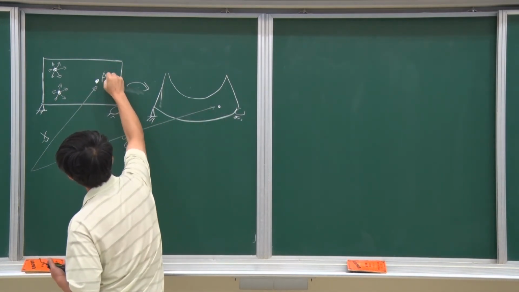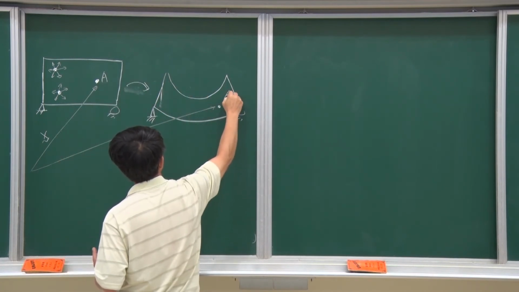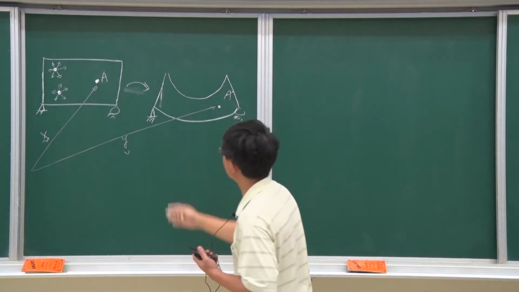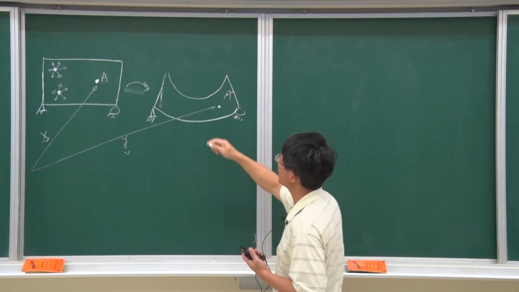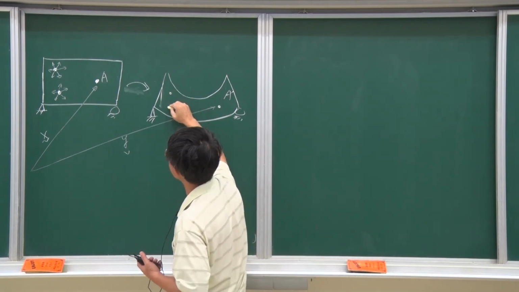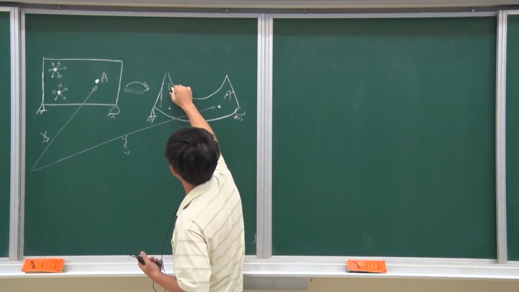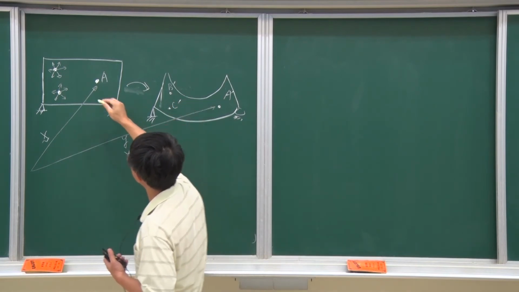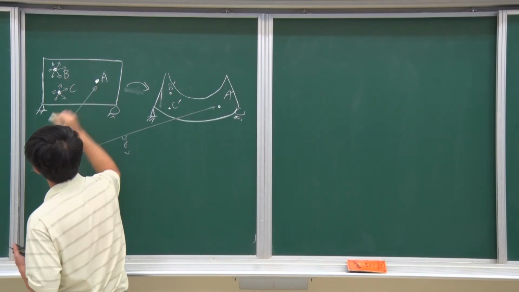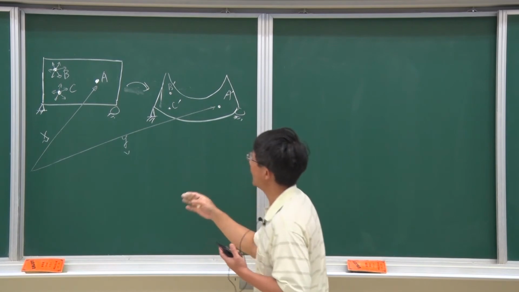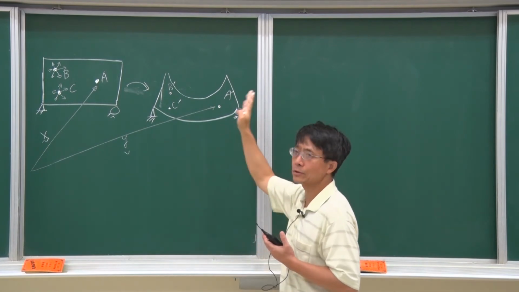This point A prime. Point A goes to point A prime, point B, point C.